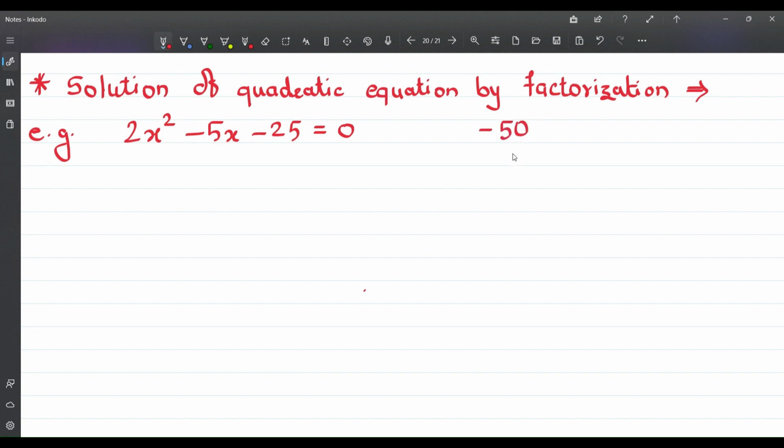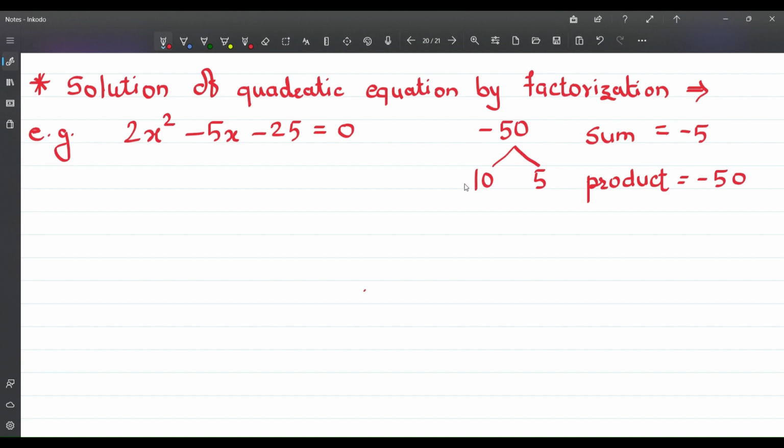Now we have to factorize this minus 50 into two factors such that their sum will be minus 5 and their product will be minus 50. So we have two factors, that is 10 and 5. 10 into 5 will be 50.